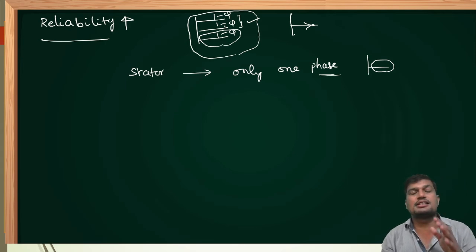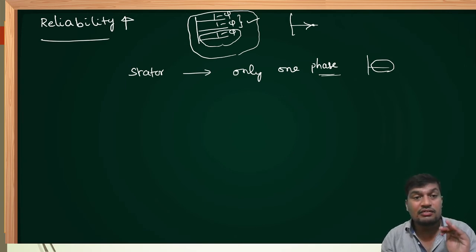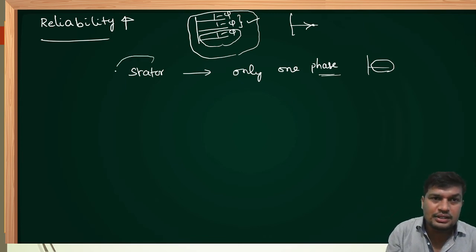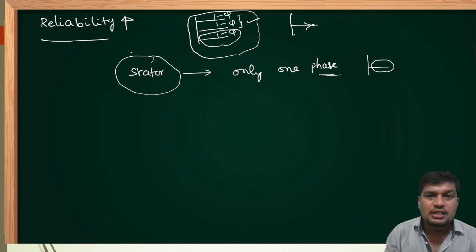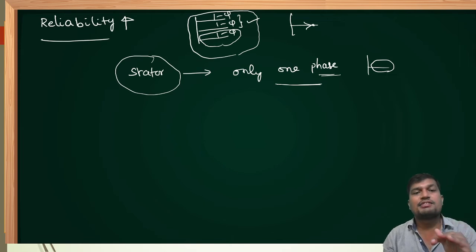This is the advantage. Practically it is a three phase stator winding, there is no doubt. We are not decreasing or increasing the number of phases practically. But when we go for analysis in power system, always remember throughout the discussion, stator winding is represented by one phase but not by three phases. Reason, all three phases are identical in design. Even if you represent by one phase, it is explaining about the other two phases.